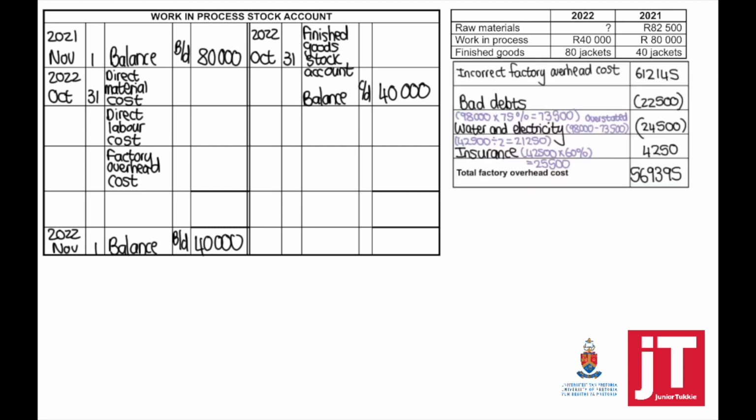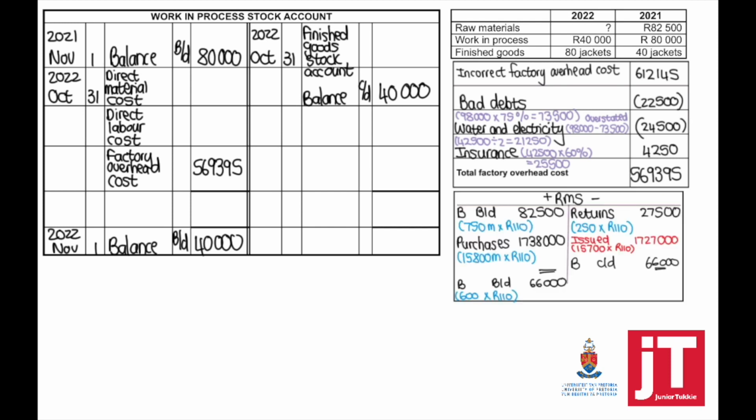In question number 1, we completed calculating the correct factory overhead cost. So this is our next step. We can complete the total factory overhead cost. Again, ensure you use your answers that you've calculated in your previous questions. We've calculated the raw materials that was issued. Raw materials issued is an expense.